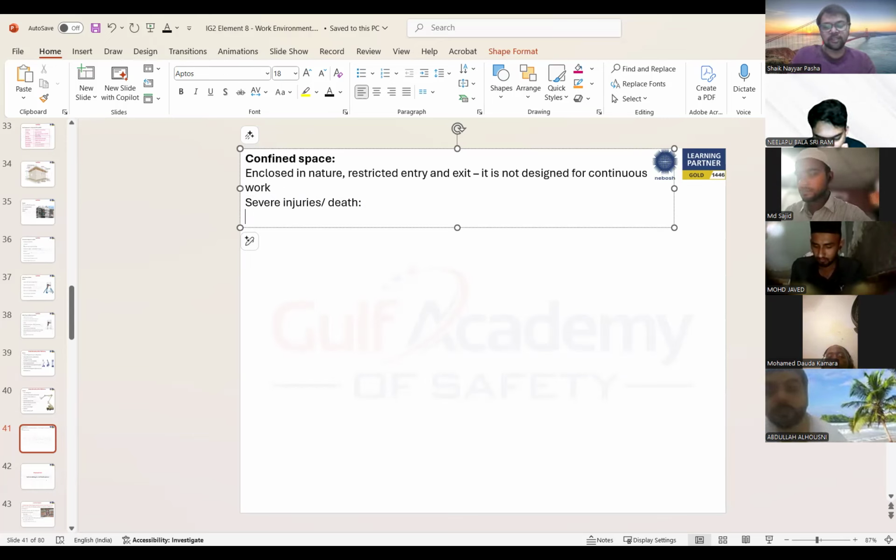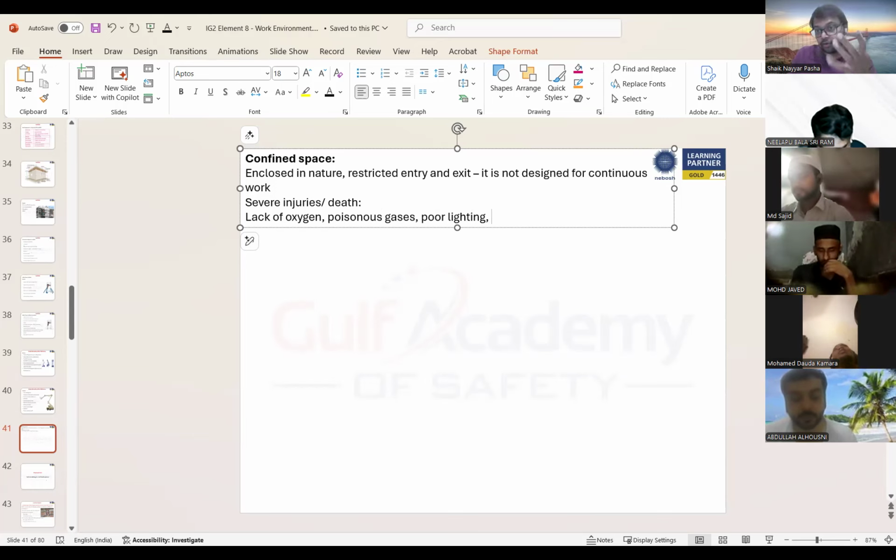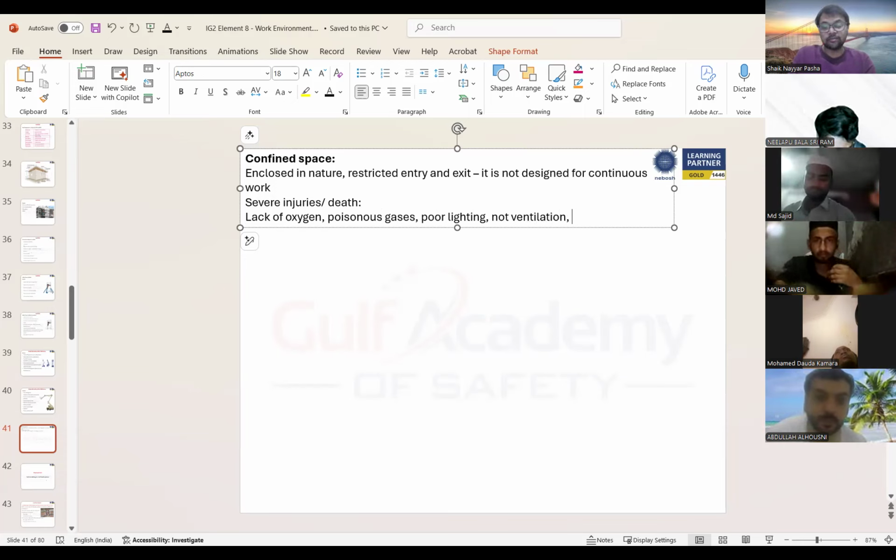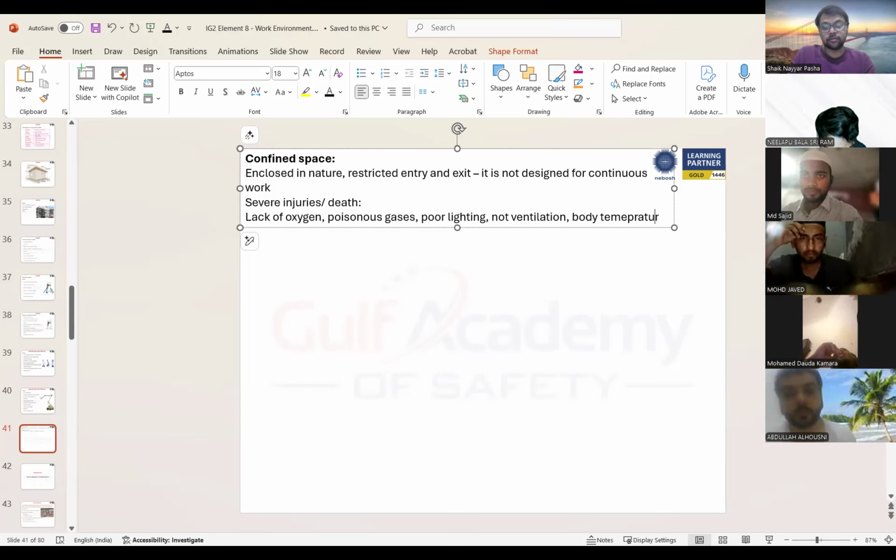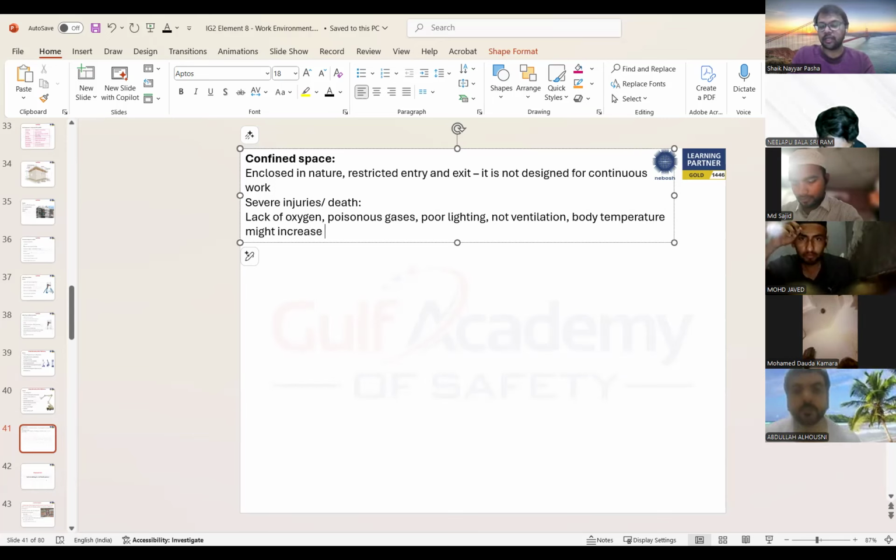Because there might be lack of sufficient oxygen, or there could be presence of toxic or poisonous gases, or there could be poor lighting. As it is enclosed in nature, there will be no ventilation, or there could be an increase in the body's temperature. Body temperature might increase dangerously, hyperthermia.